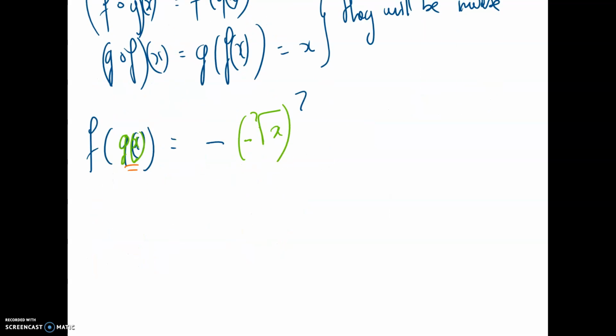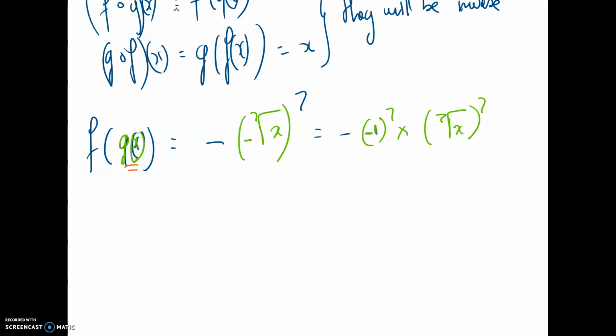I end up to have a negative 1, and this negative 1 comes from the negative in front of my 7th root, to the 7, multiplied by the 7th root of x to the 7.